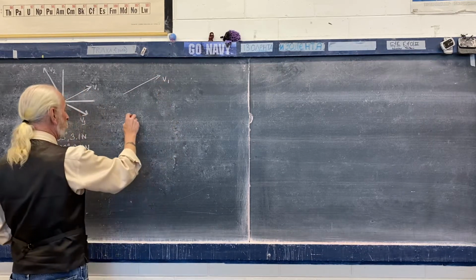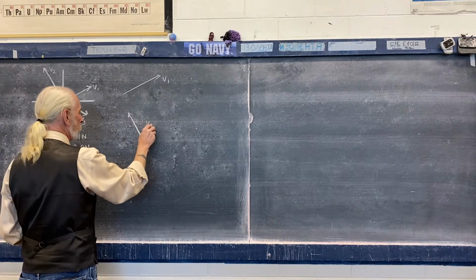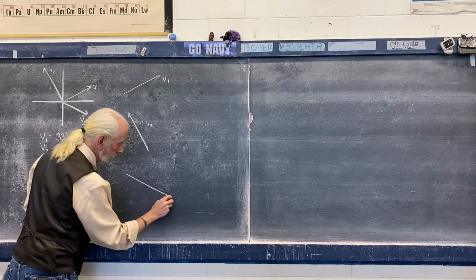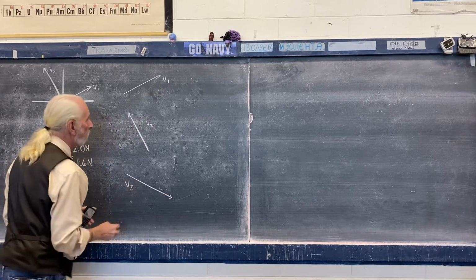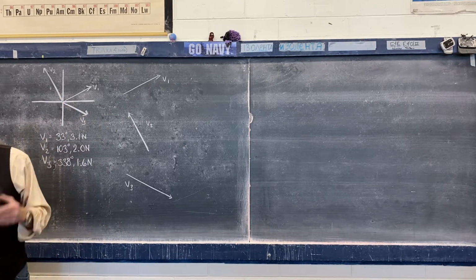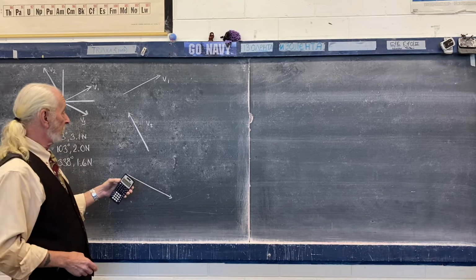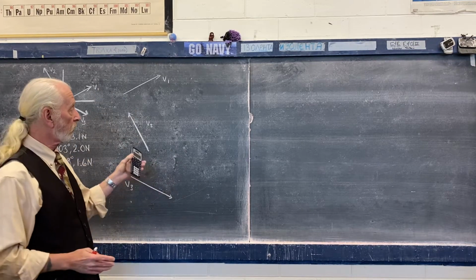Vector 2 will look like this. And vector 3 looks like this. Again, we're combining pieces and parts of the scientific method, so once again we're creating models and limiting the scope of inquiry at the same time.